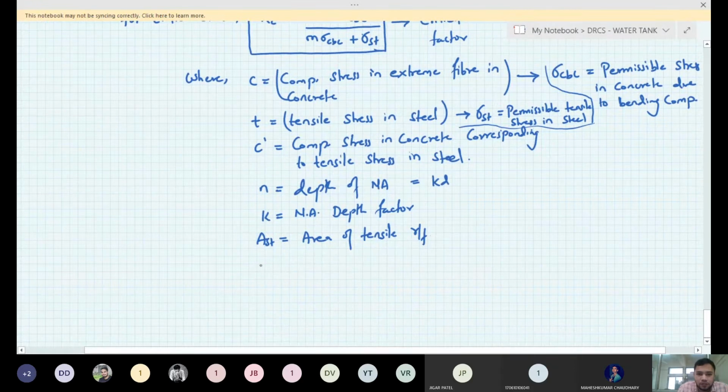And here we have used the term M. M is nothing but your modular ratio.